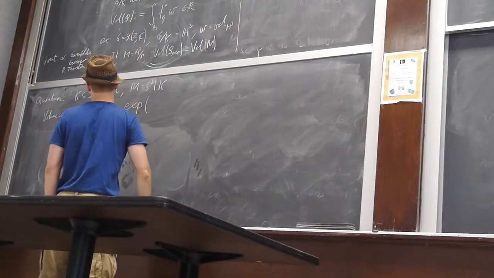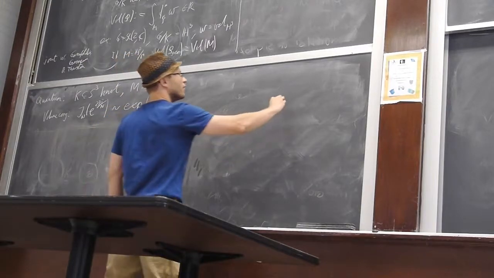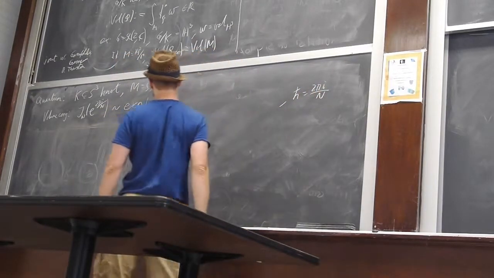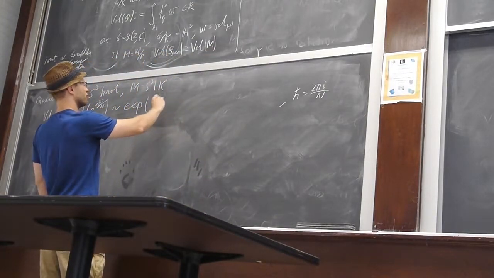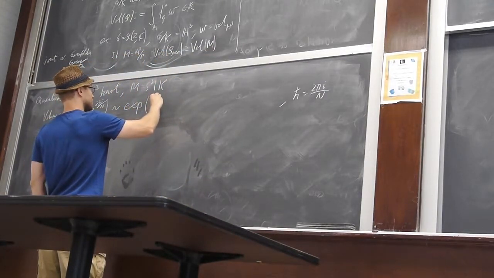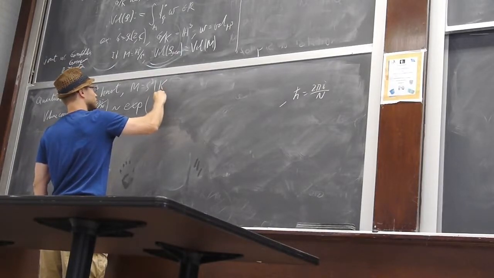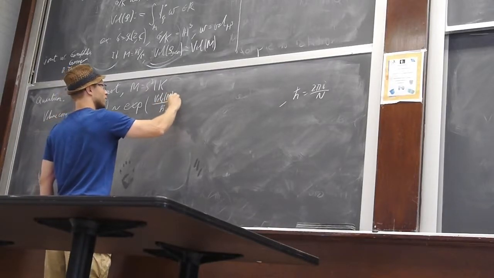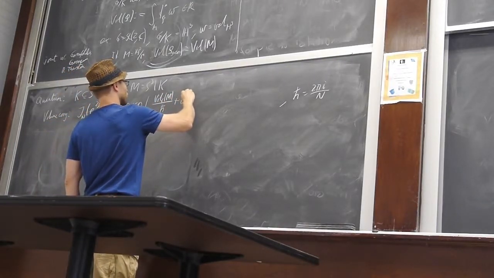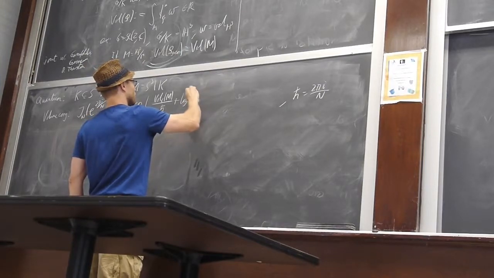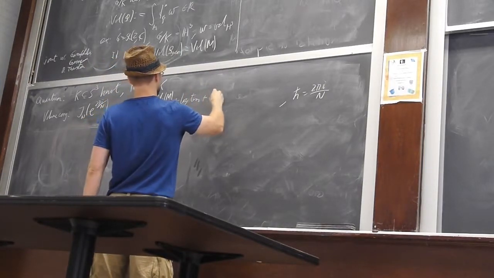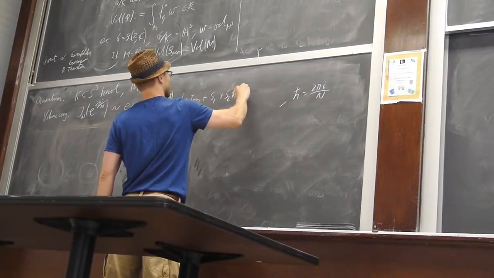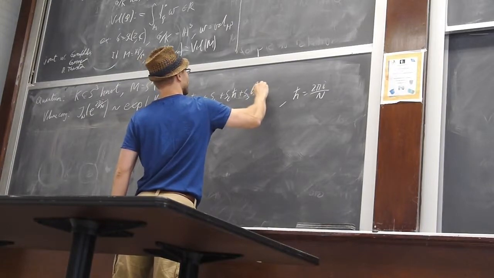So how does it go? This is the complex volume, and then some logarithmic term, which I don't remember, and then some power series. So this is something like S1 plus S2 h bar plus S3 h bar squared, something like that.